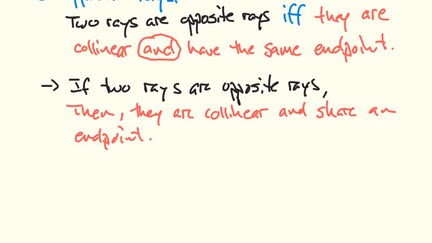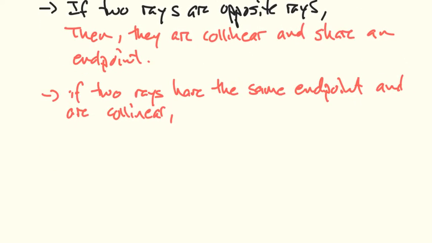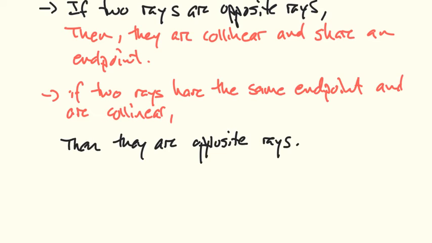On the other hand, if two rays have the same endpoint and are collinear, then they are opposite rays.